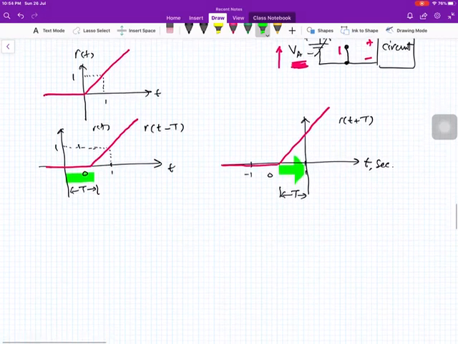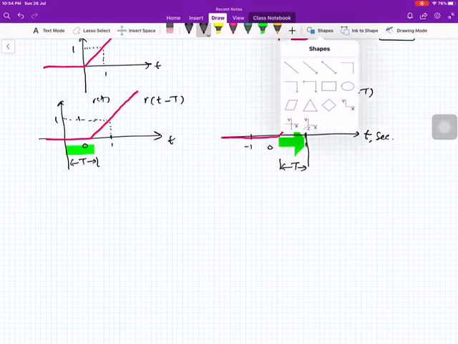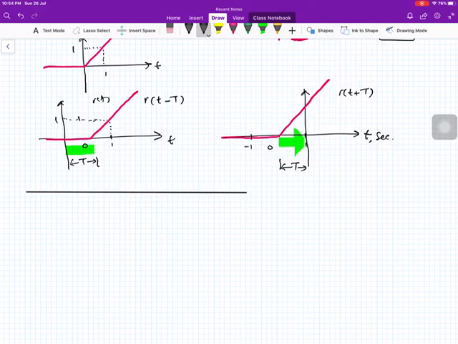So with these operations we can generate various types of waveforms. Those simple types of waveforms we can generate with these operations.